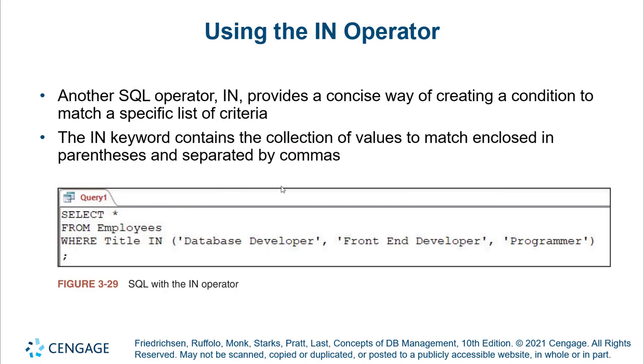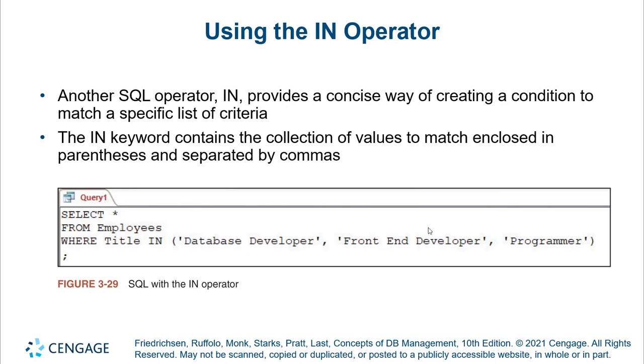This next condition is using the in operator. You can see an example right there. I won't retype it, that wouldn't make sense, but we can see what's going on here. We're going to select all the columns from the employees table. What the in operator is saying is that we're going to match any of these arguments that we provide. So we're going to look in the title field, and I want you to return all the records that match one of these.